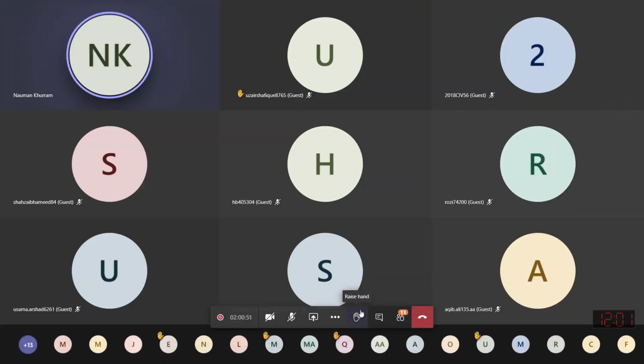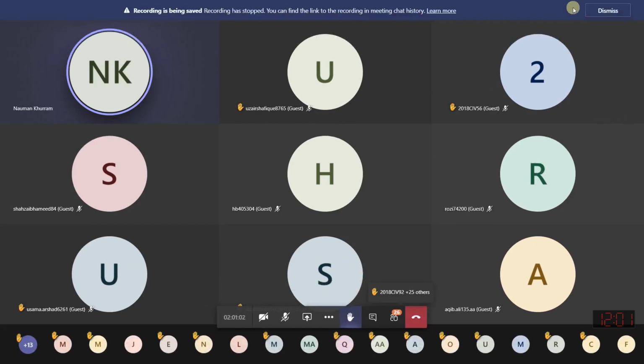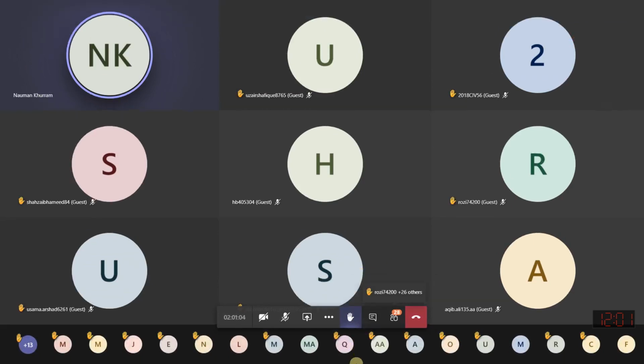Aqib Ali is also not there. And Haris Chaudhary, he is also not there. And Miss Laiba, are you there? Please raise the hand. Miss Laiba is also not there.